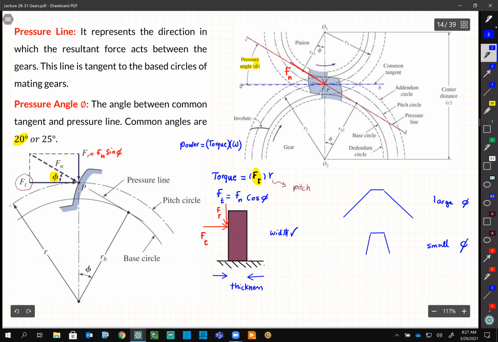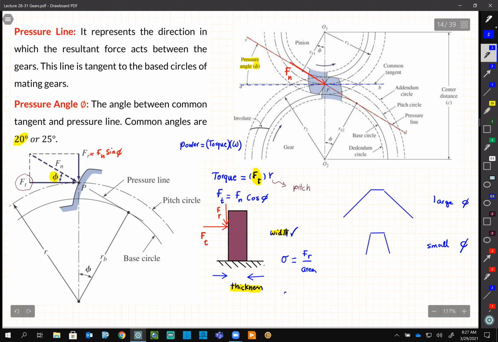So you estimate your teeth as a cantilever beam, as I showed here. You know the thickness of each tooth, and you know the width. So you treat a tooth more like a cantilever beam, and you should be able to find the stresses. Like there is one sigma coming from Fr divided by area, right?